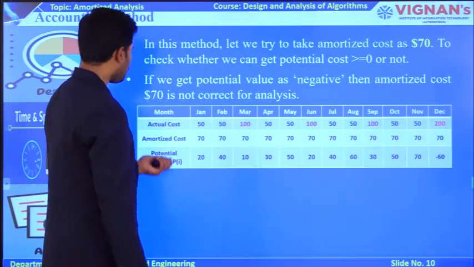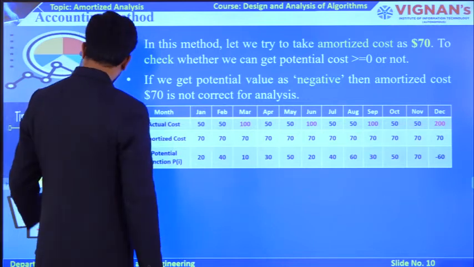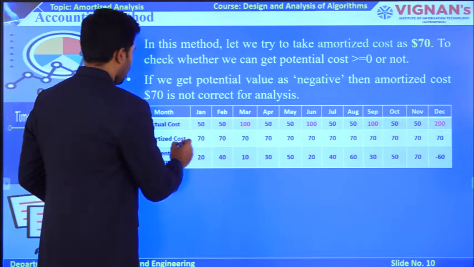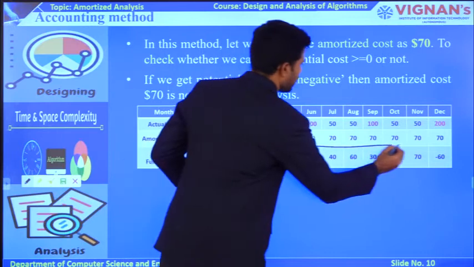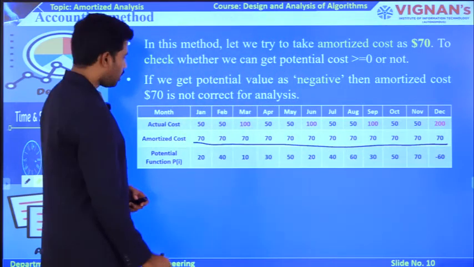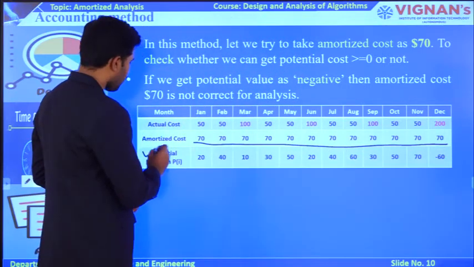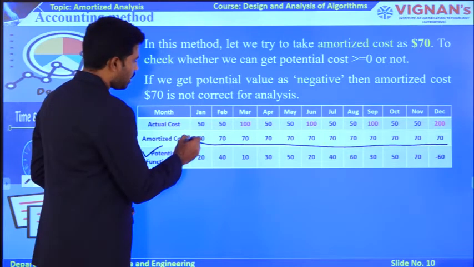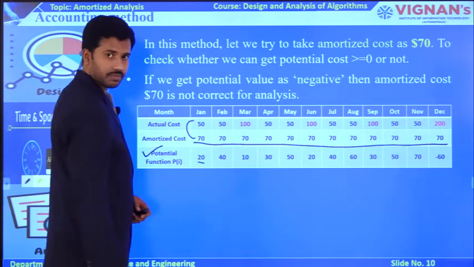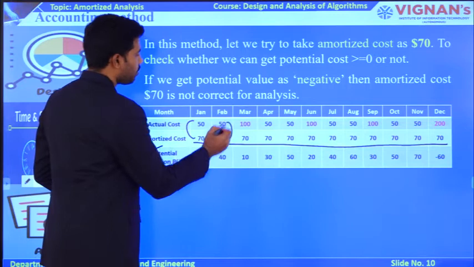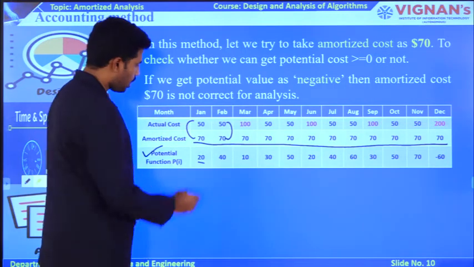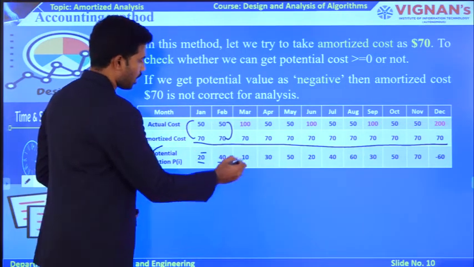Now if you take all the amortized costs as 70 like this, how will the potential function values update? 70 minus 50, which is 20. Now 70 minus 50, which is going to be 20. 20 plus 20 is going to be 40.